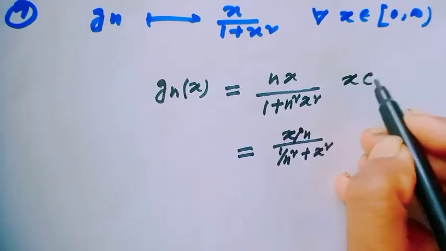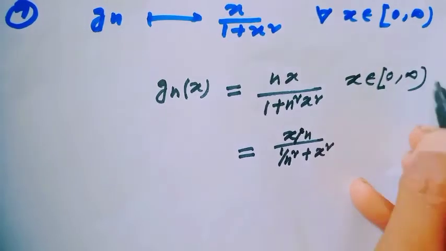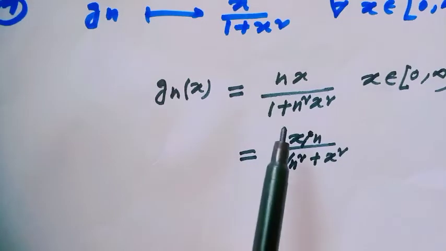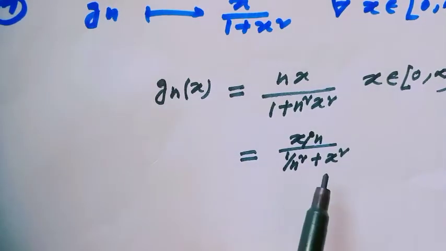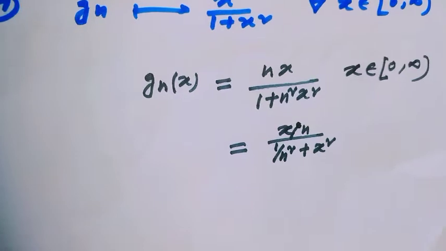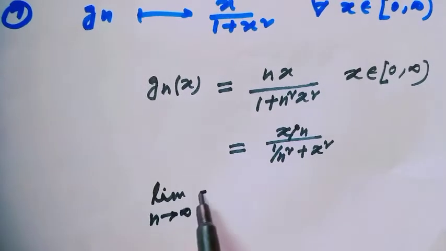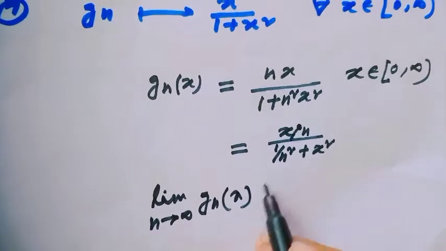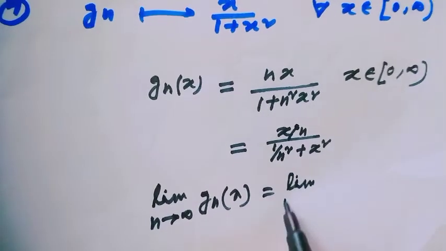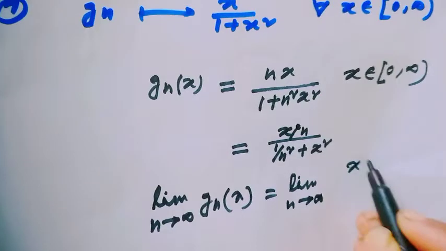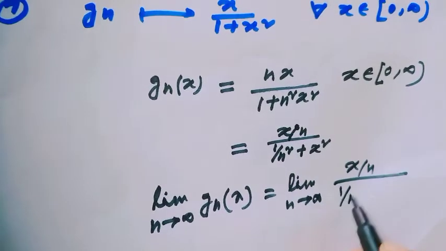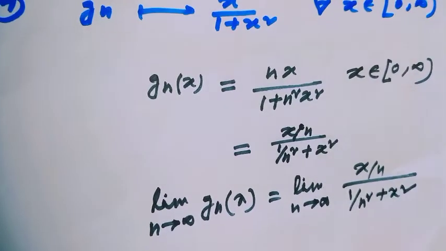Here x belongs to [0, infinity). This is g_n(x). We can write it easily. Then limit n tends to infinity g_n(x) equal to limit n tends to infinity of (x over n) over (1 over n square plus x square).